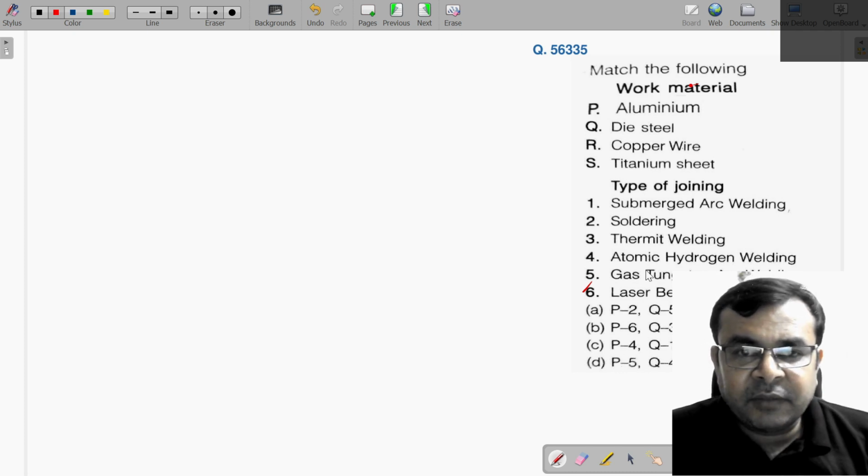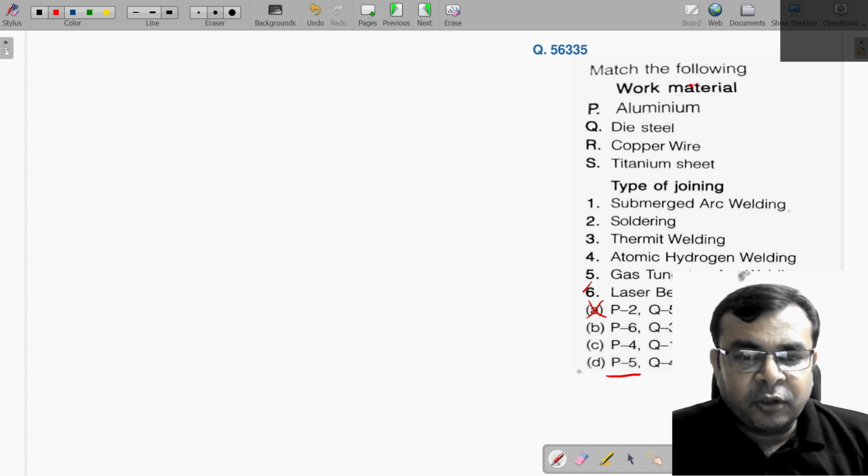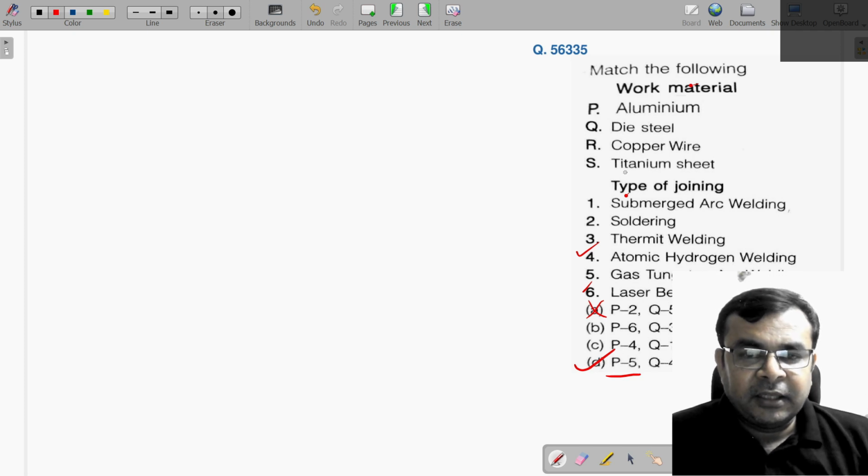If I choose soldering instead, this is not possible, so option A is wrong. Laser beam welding is also wrong. Gas tungsten arc welding is also used for welding aluminium, so option D is more correct than the previous one. Die steel, atomic hydrogen welding; copper, soldering; titanium, laser beam welding. Yes, option D is the more appropriate answer.